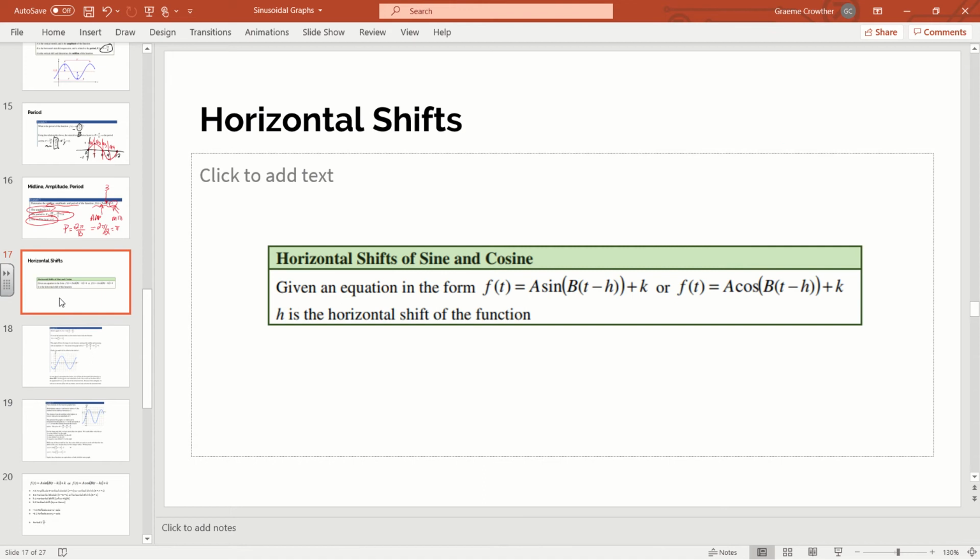The last thing we want to look at is the horizontal shift. So in this general equation of a function, the h represents your horizontal shift. And you need to keep in mind that the h is isolated from the subtraction sign.